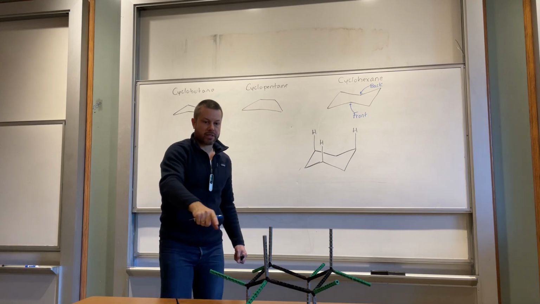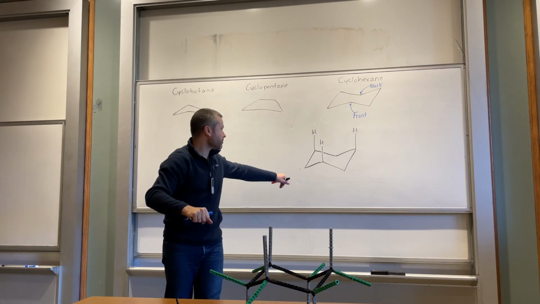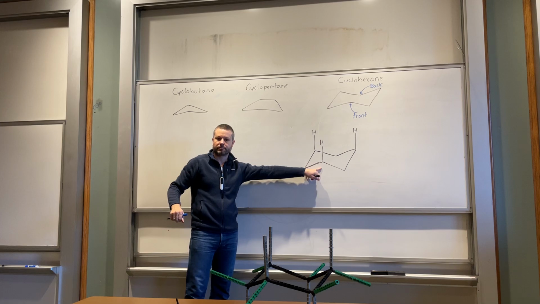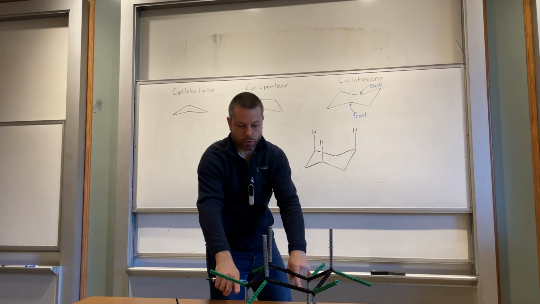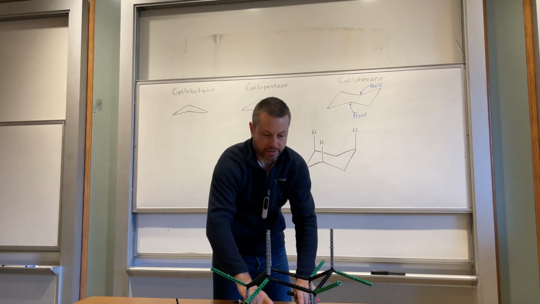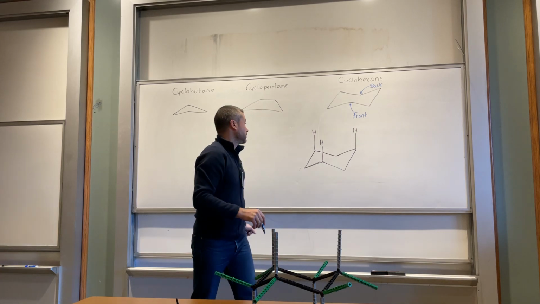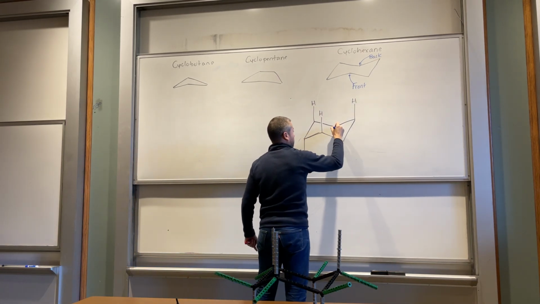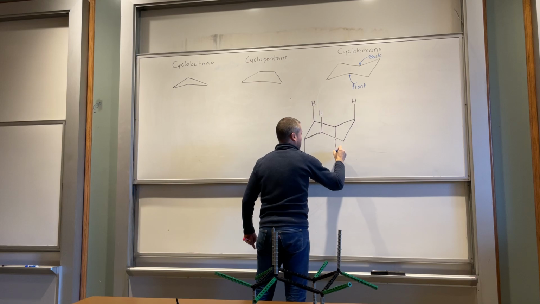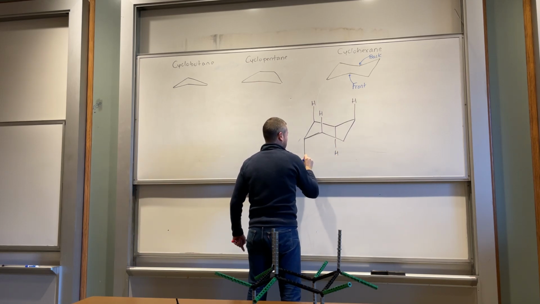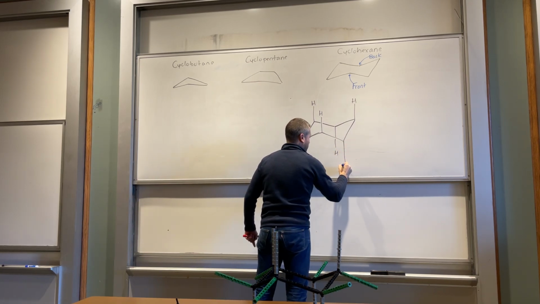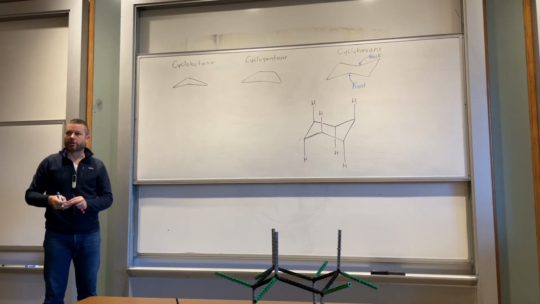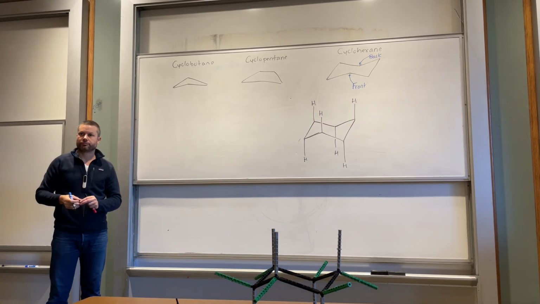Okay, so my gray bonds here are going straight up. When I draw them off of that ring, I'm going to draw them going straight up. And then I have 3 more on the bottom, same color, that are going straight down. On the drawing, I would draw those going straight down.